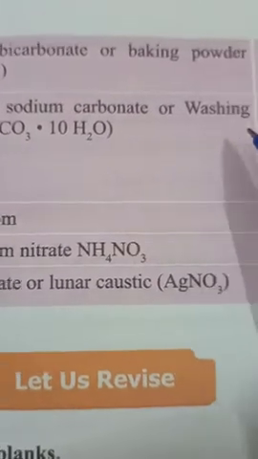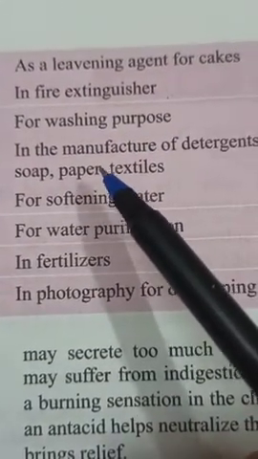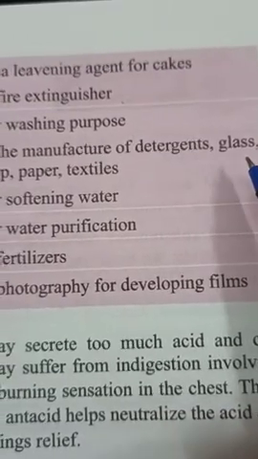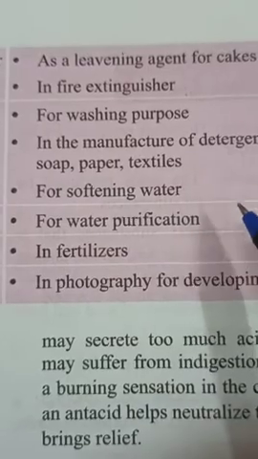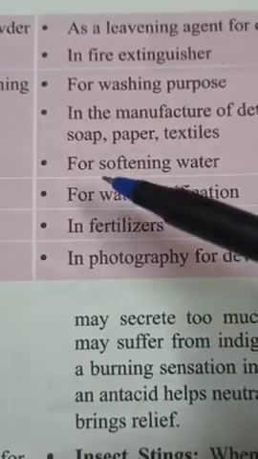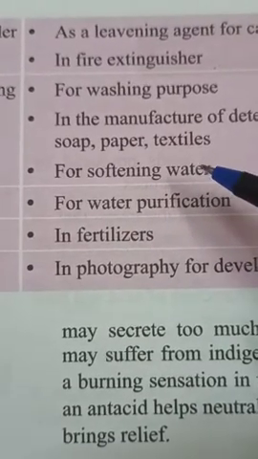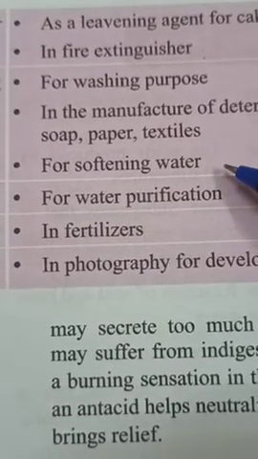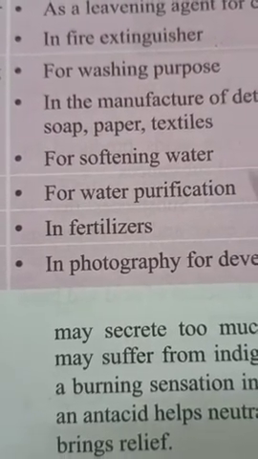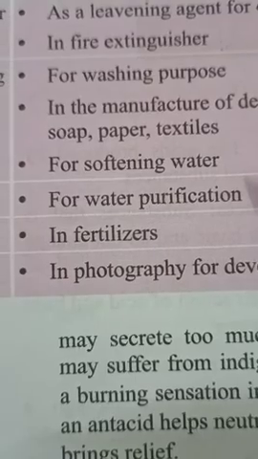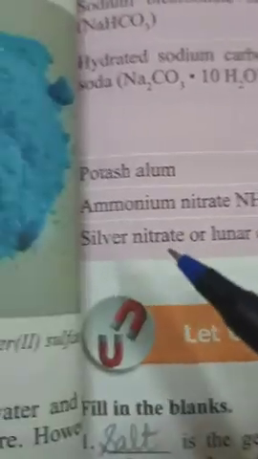This washing soda is used for washing purposes, and also in the manufacture of detergents, glass, soap, paper, textiles, and also for softening water, to make the water soft. When so many salts are present in our drinking water, that water is called hard water. So to make it soft we use washing soda.